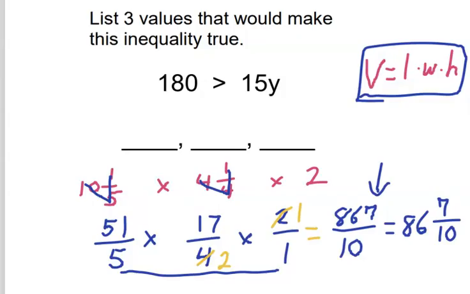We can't reduce the 7 over 10, so that's our answer, 86 and 7/10. And it's going to be in inches, because we're doing volume. Inches what? Inches squared, inches cubed. It's going to be inches cubed, right? Volume is always inches cubed. So 86 and 7/10 inches cubed.